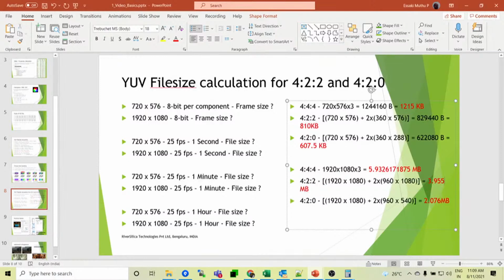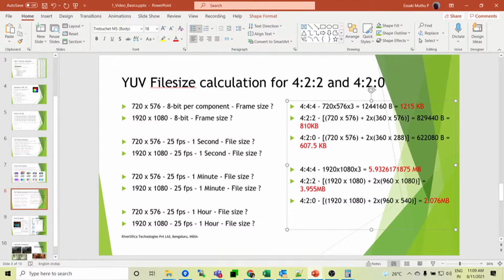Okay, fine. So the relationship is simple. See, in industry we will not say 4 is to 4 is to 4. Only the very beginner, an amateur, will say 4 is to 4 is to 4, or 4 is to 2 is to 0.